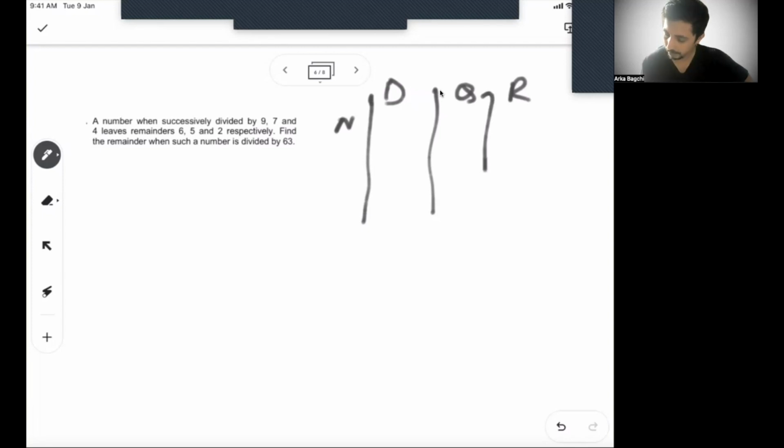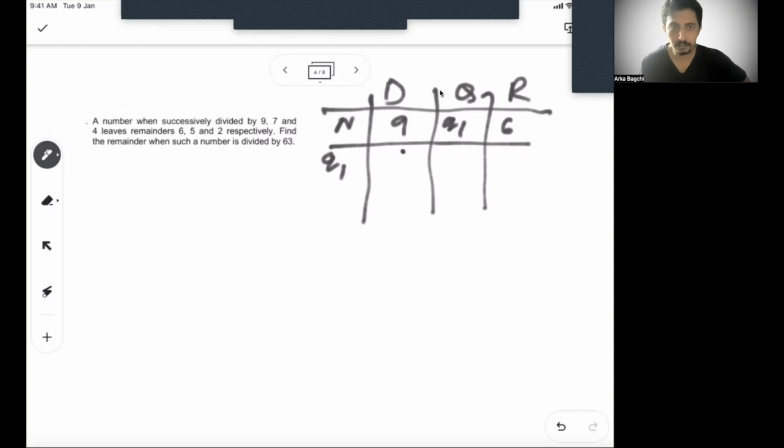Let's see what is happening here. In the first case, when n is divided by 9, let's say you get a quotient Q1 and your remainder is 6. Then the quotient you got will be divided by 7, because that is what successive division means. Whatever quotient you get every time gets divided by the next divisor.